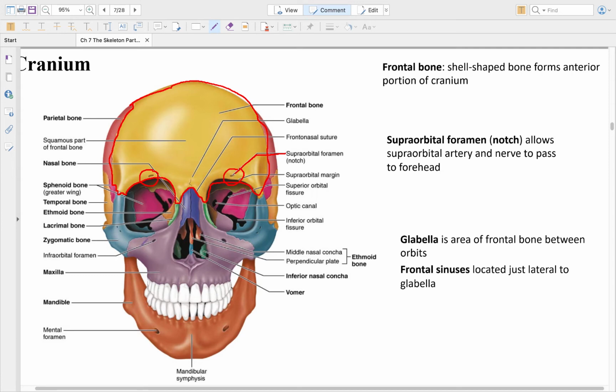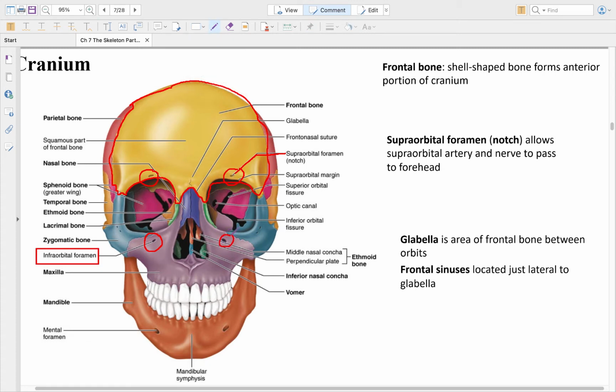Notice that there's actually, if you look at the maxilla, there's an inferior orbital foramen right here. Okay. And on this side as well.